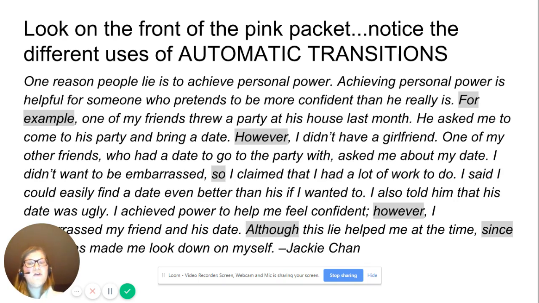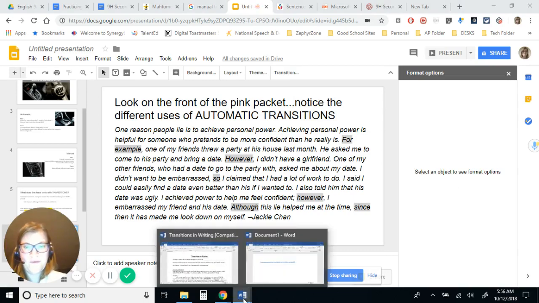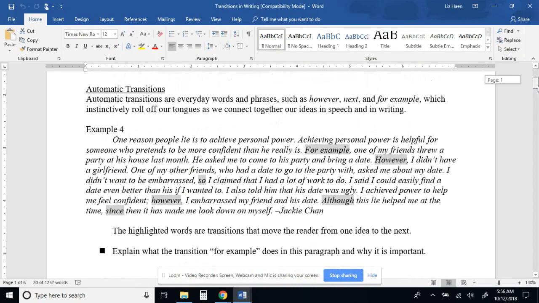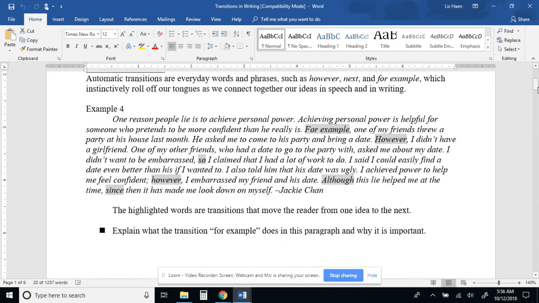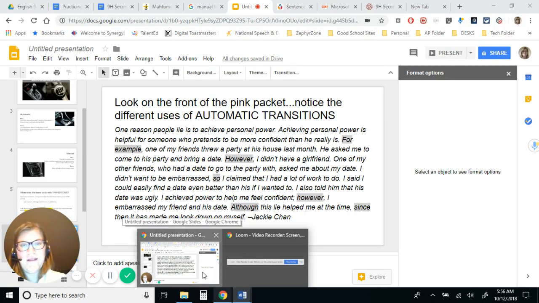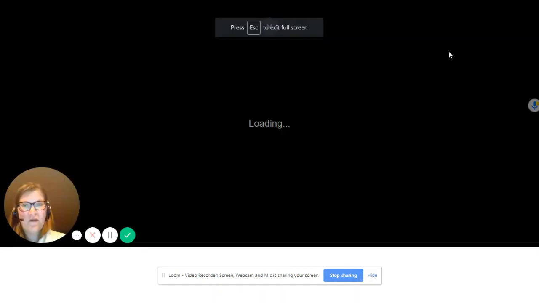And so in your pink packet, you'll actually see the paragraph. This is a paragraph written by Jackie Chan about power and friendships. You'll notice that I've highlighted all of the transitions in this paragraph.